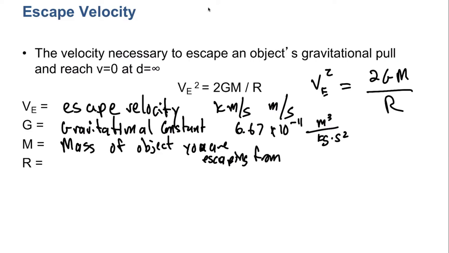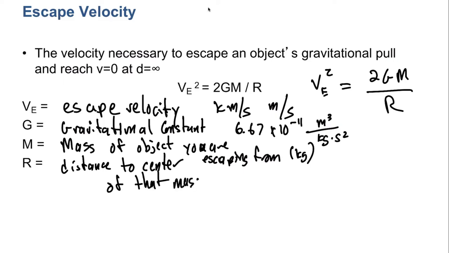So in this case, it would be the Earth, but it could be any other real object that you wanted to escape the gravitational force from, and that would be in kilograms. R is the distance to the center of that mass. And again, this can be a unit of meters or kilometers, but if you're going to use this G, you better use meters here because you're going to need to cancel those out.